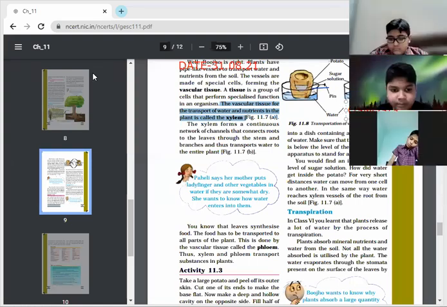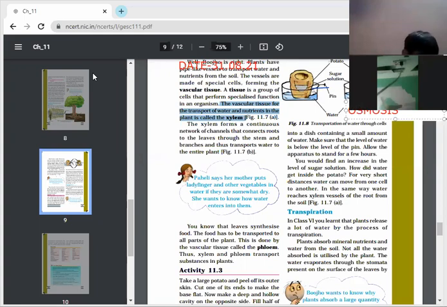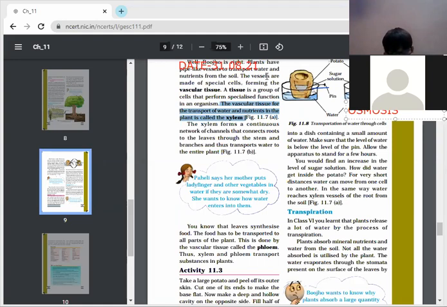Ma'am, there is one more activity related to this. Yes, which one? Ma'am, in this activity, we keep a glass and put some water in it, and we have to mix a color in it, so that the water has color. Ma'am, it is also written in the book.